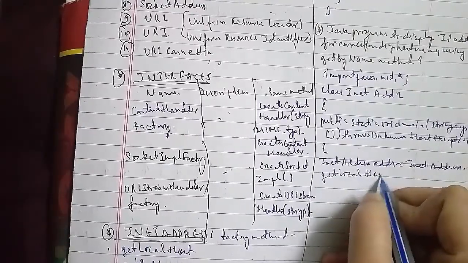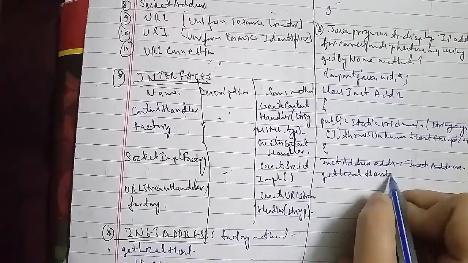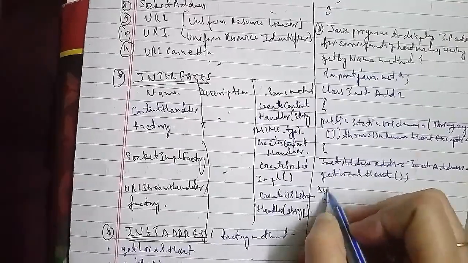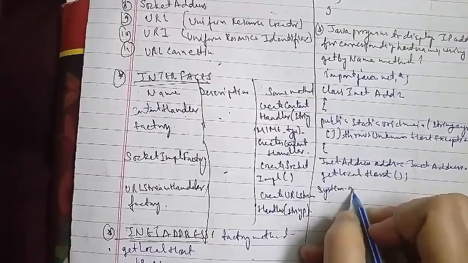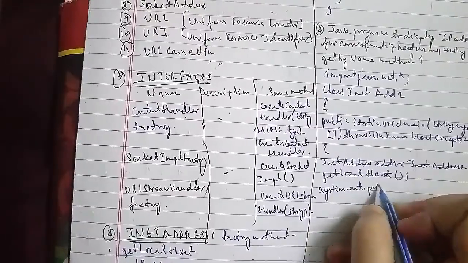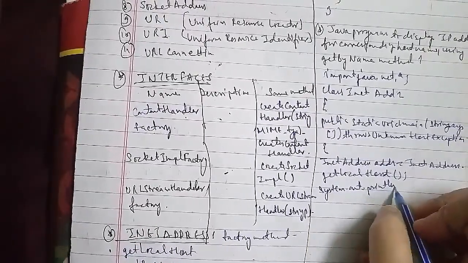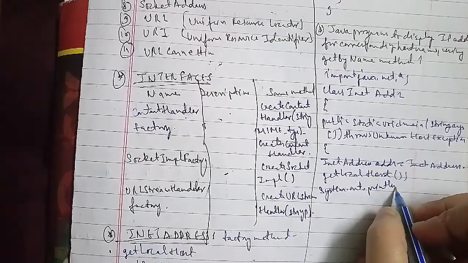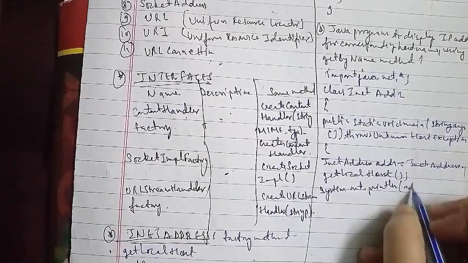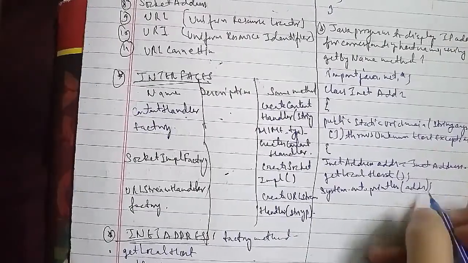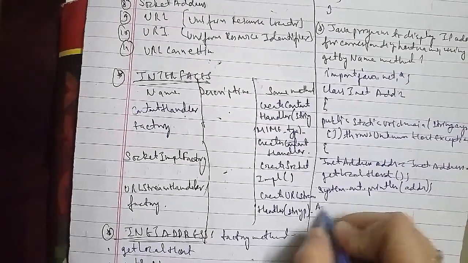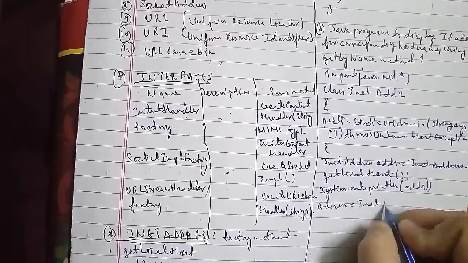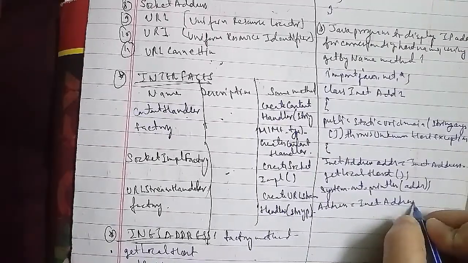Then after that System.out.println, then after that the closing bracket. So we'll close that as well. In reference to the prior method, you have to use it in the Java program to display the IP addresses for the corresponding host by using the getByName method as well.